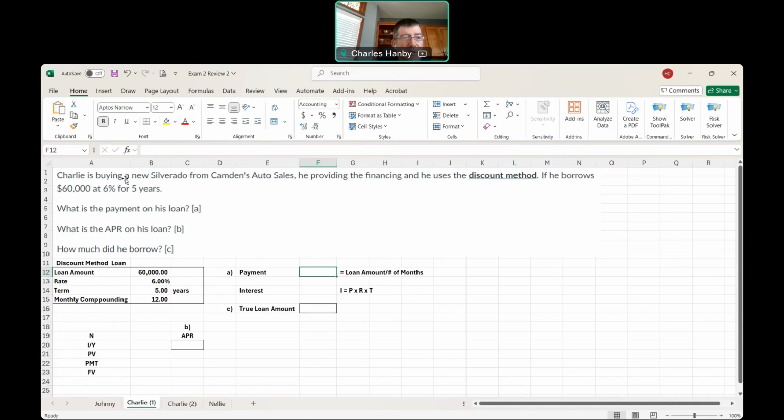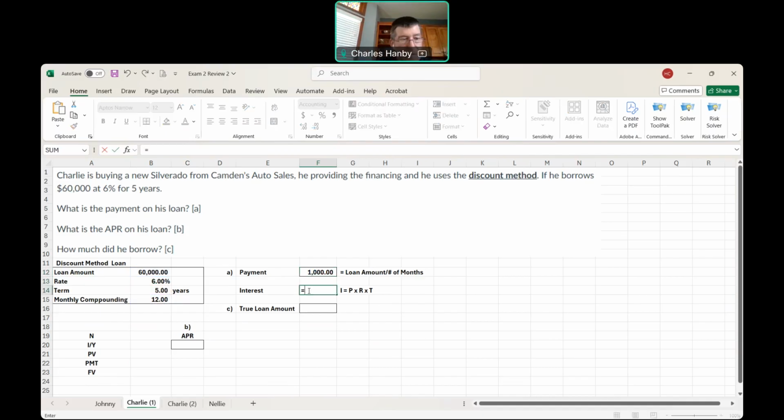If you borrow $60,000 at 6% for 5 years, what is the payment on the loan? So the payment on the loan is the loan amount, and then we divide by the number of periods. So that is 5 times 12 or 60. So the payment amount is $1,000 a month.